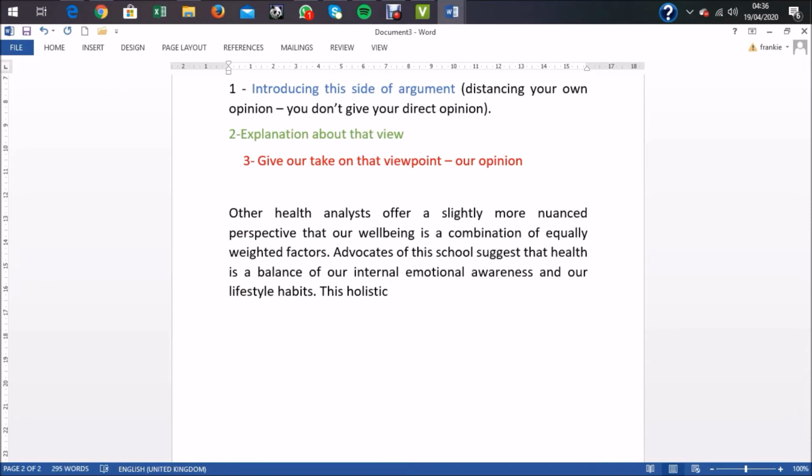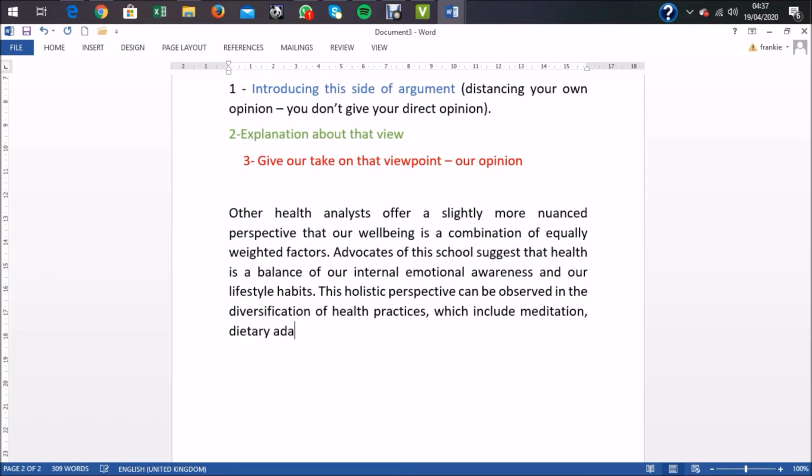Holistic perspective can be observed in the diversification of health practices, which include meditation, dietary adaptations, and wellness retreats, along with a vibrant social life.